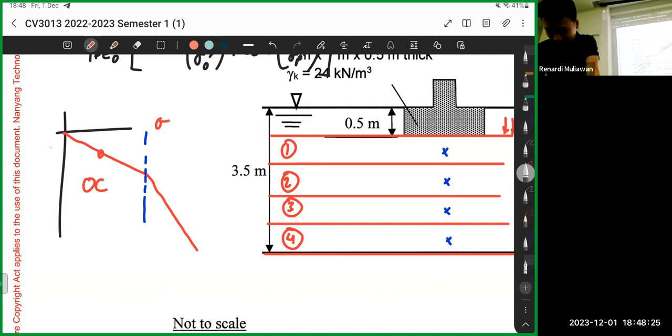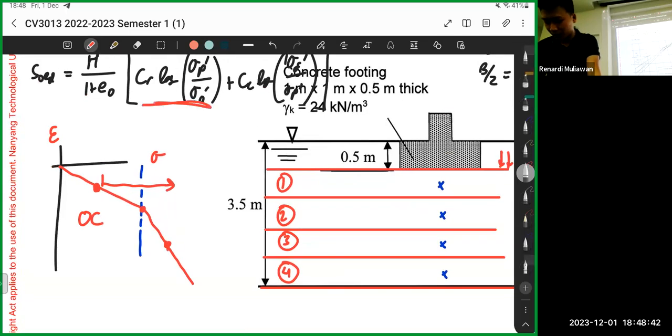This one is settlement, I think. Okay. So if you load it a bit, right, it will settle this much. But if you load it even more, then you have two parts of the curve. Okay. So the first part is this one, CR, because this is where the recompression is happening, right? This one is the second curve. This one is the compression.